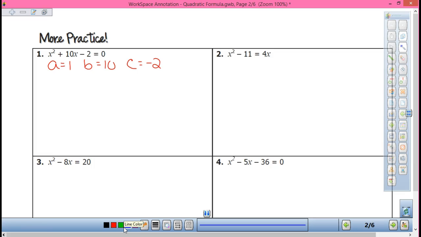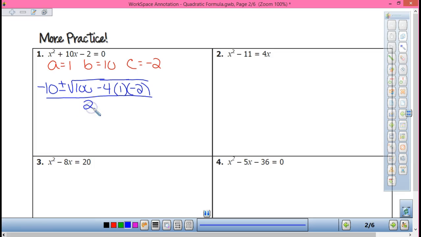So negative B, -10, plus or minus the square root of B squared, 100, minus 4 times, what's A? Times, what's C? -2, all divided by, what's 2 times A? 2.